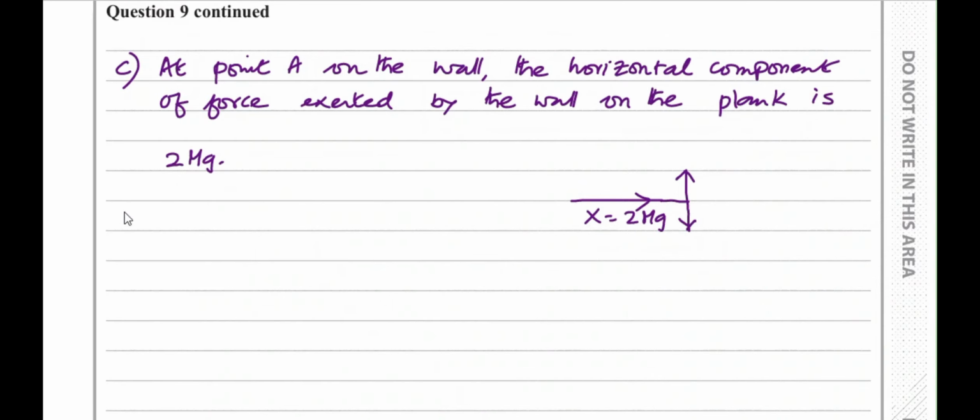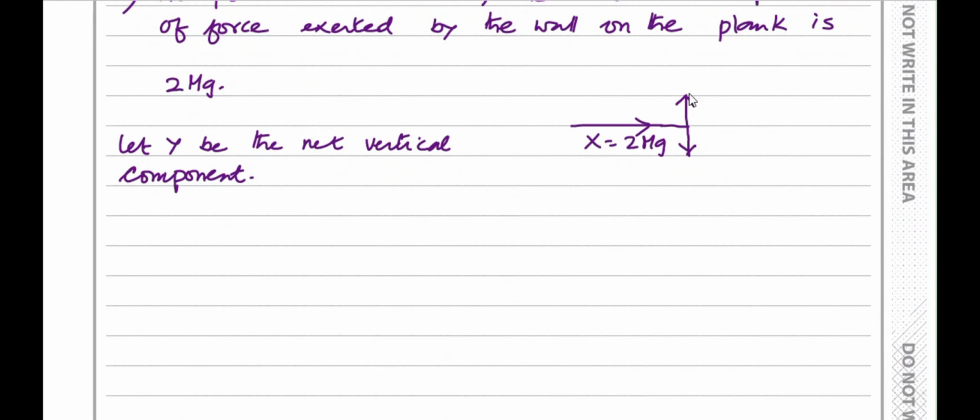So we could say, let y be the net vertical component of the force exerted by the wall on the plank. Now that means y will be equal to the downward force take away the upward force.